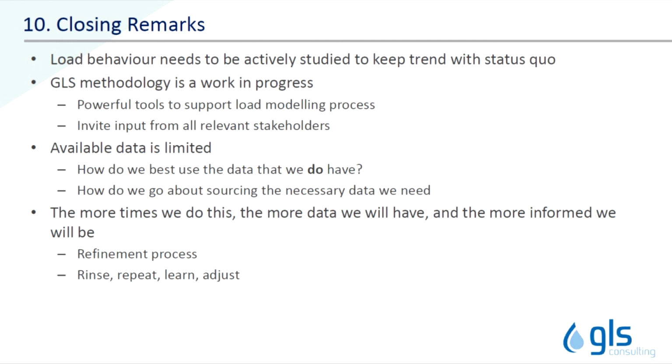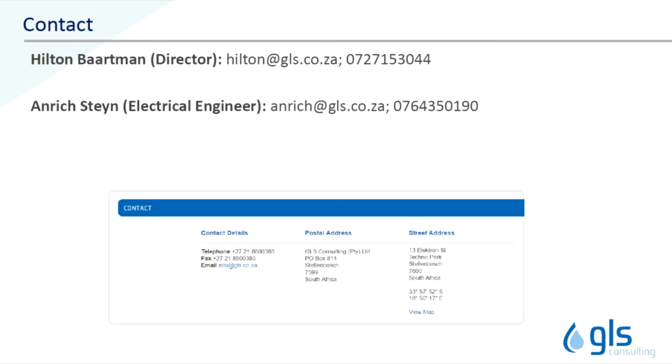So we know that available data is limited, but it's a question of how do we best use the data that we do have access to, and then also how do we go about sourcing the necessary data that we need. And the more times we do this, the more data we will acquire and the more informed we will be. And that refers back to the flow chart that I was showing earlier. It's a refinement process where we rinse, repeat the methodology, and we learn through it, and then we adjust and ultimately come up with valuable information that will aid in studying load behavior.